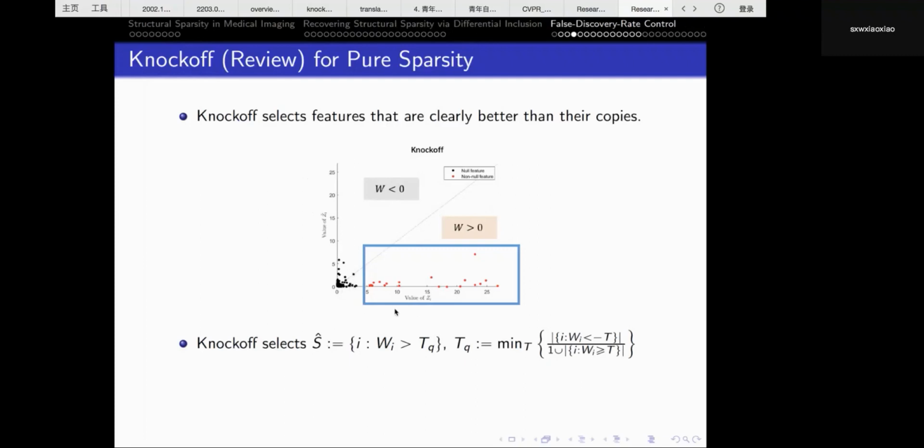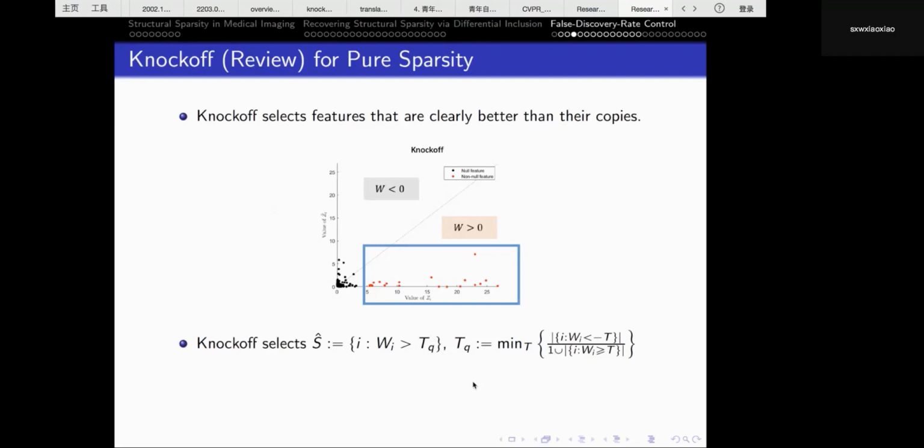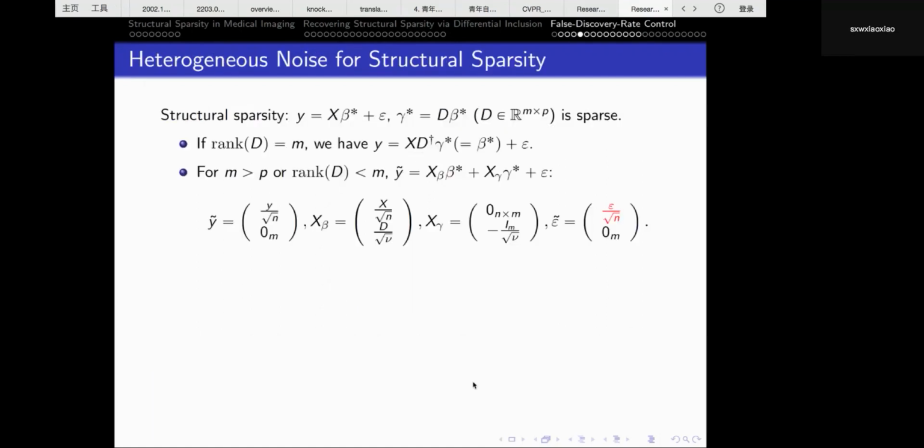After that, the knockoff selects those features with large positive W and a starting threshold TQ, which denotes the minimal threshold point at which our estimated FDR can be lower than q. Theoretically, it can be proved that the FDR is less than q.